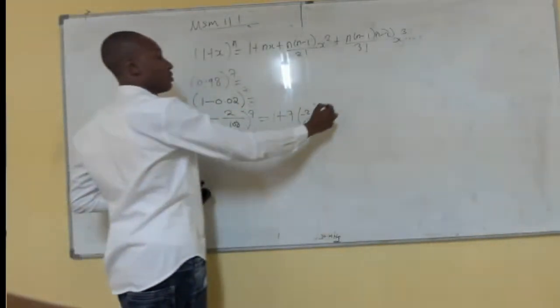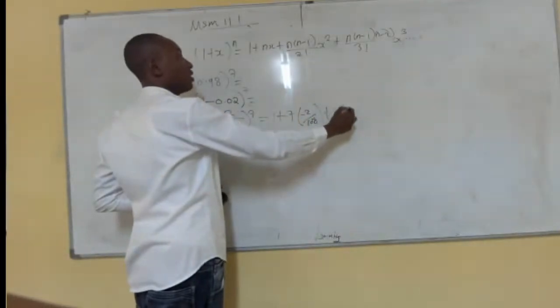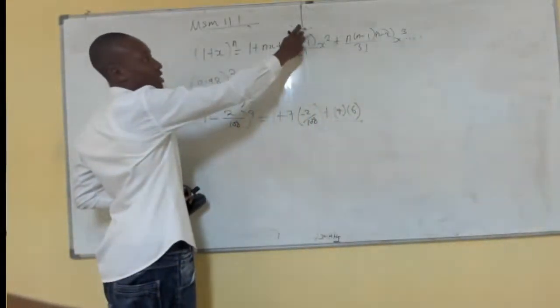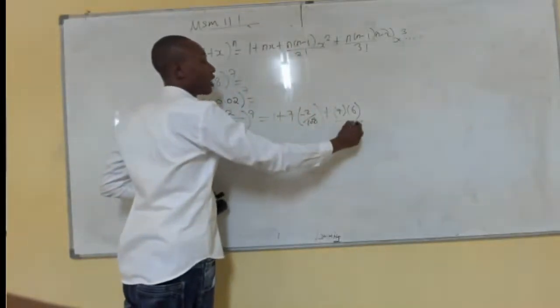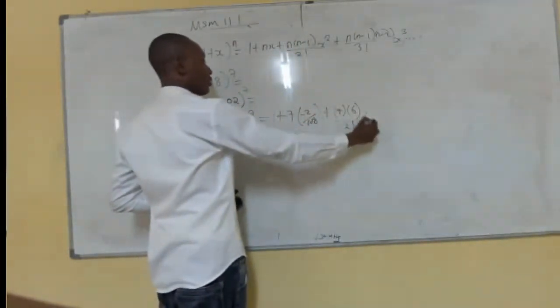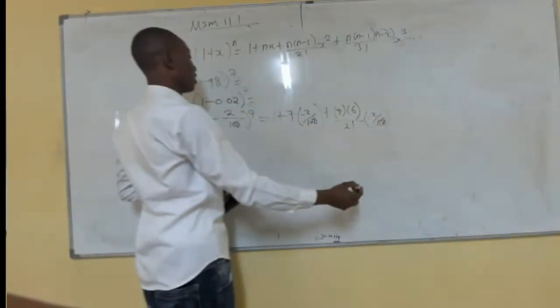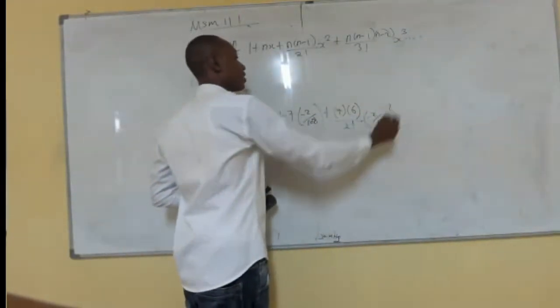Then plus 7, 6, because 7 minus 1 is 6, over 2 factorial, then we have negative 2 over 100, then we have square.